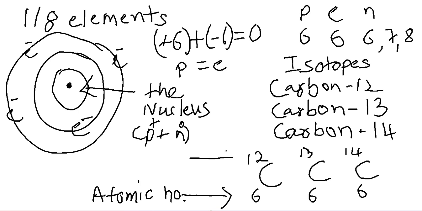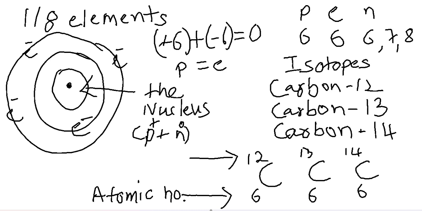One more property of atoms is their mass. The mass of an atom comes from protons and neutrons particularly. Electrons are about 1800 times less massive than protons and neutrons.